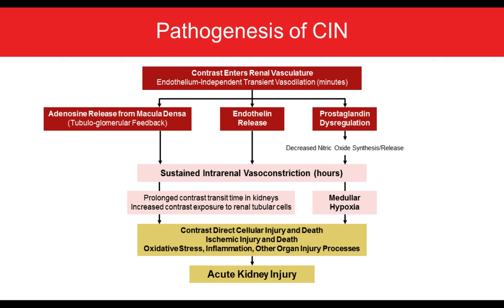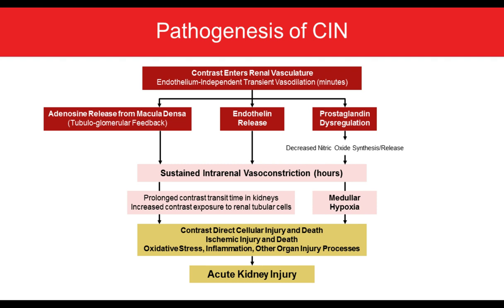And in the animal model, it's been shown that contrast administration causes prostaglandin dysregulation, so that you have less of the prostacyclin, which is the vasodilator, and more of the prostaglandins, which are vasoconstrictors. So all these three things, the dysregulated prostaglandin, endothelin, and adenosine, cause sustained intrarenal vasoconstriction, which lasts for hours.